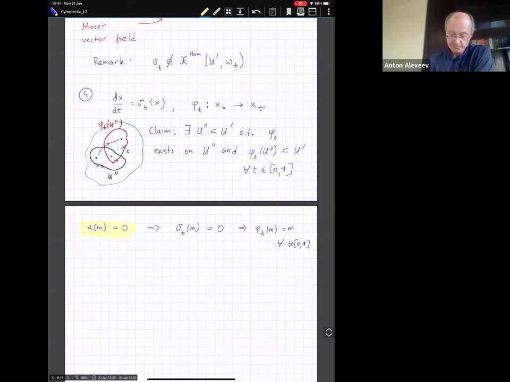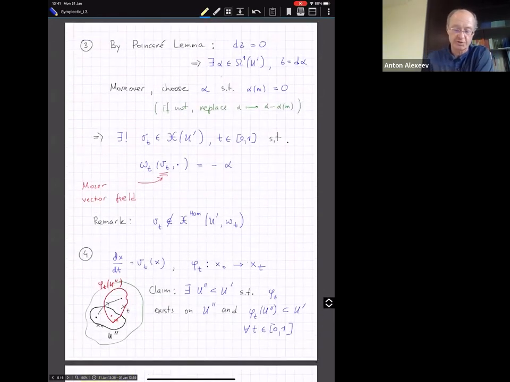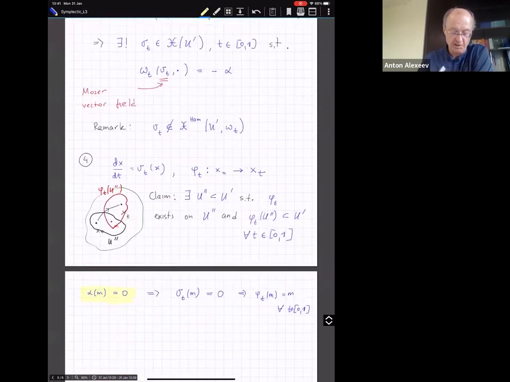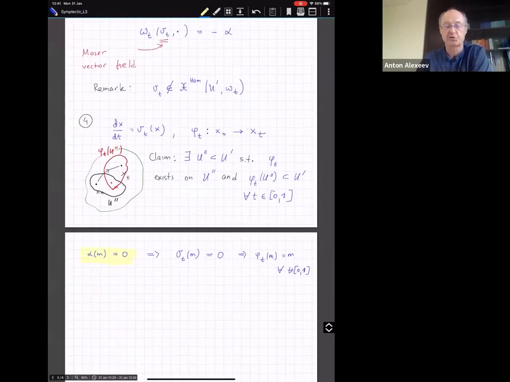Right. Okay. So you see, we now twice decreased the size. We started from some chart. We first decreased the size in this step 2 to make omega t non-degenerate. And now for the second time, we possibly reduced the size of the chart to make phi t exist. You know, it's all very nice, but maybe a small informal comment.